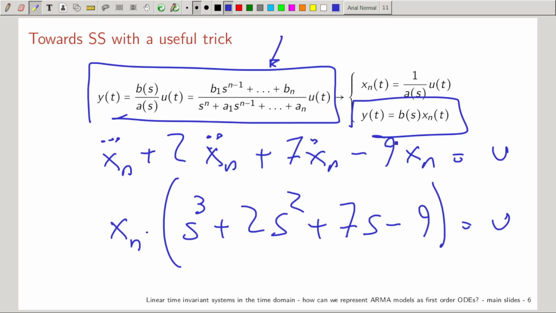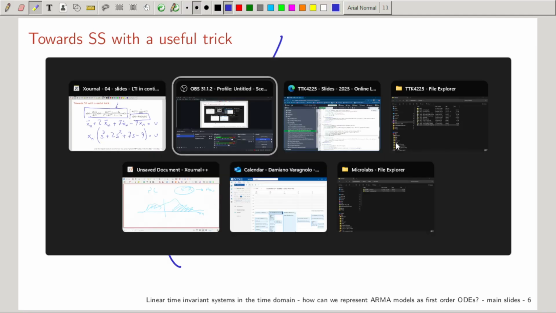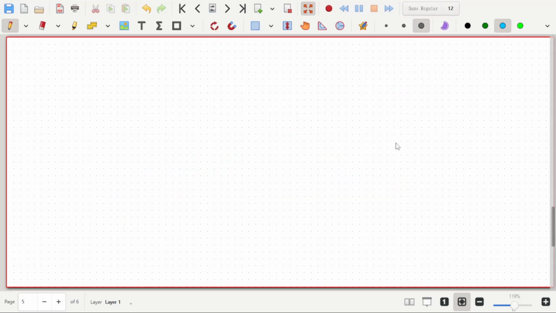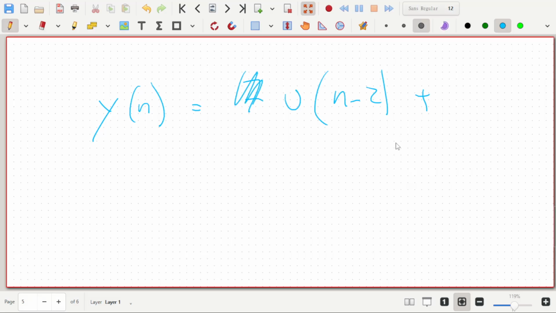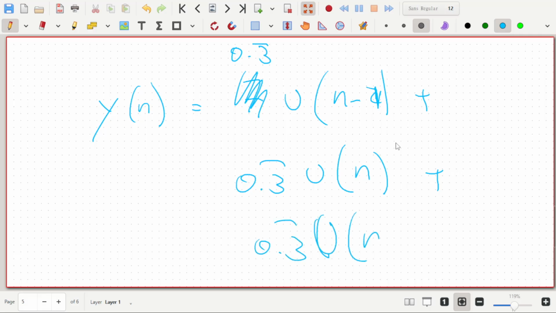How much are we together on the name moving average? I see some twos. Sorry for going back and forth, but I want everybody to be sure. So y at time n is equal to 0.3 u at time n minus 1 plus 0.3 u n plus 0.3 u n plus 1.